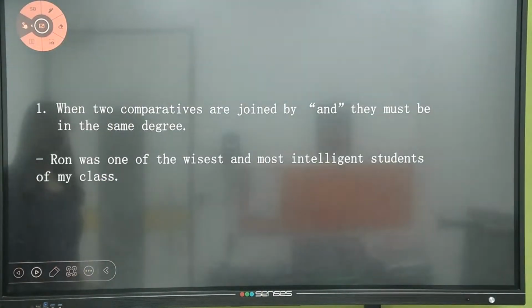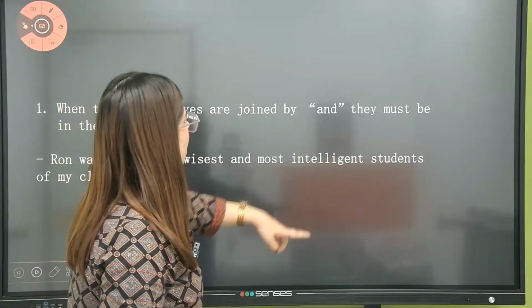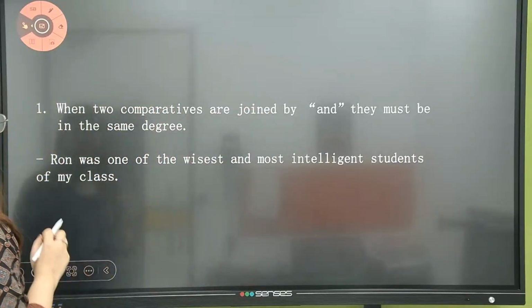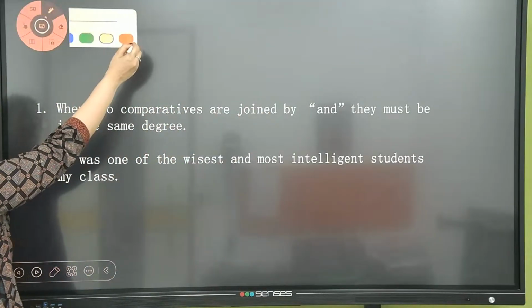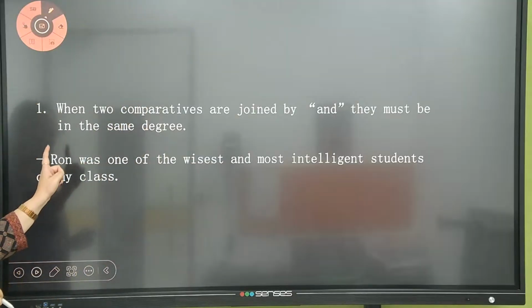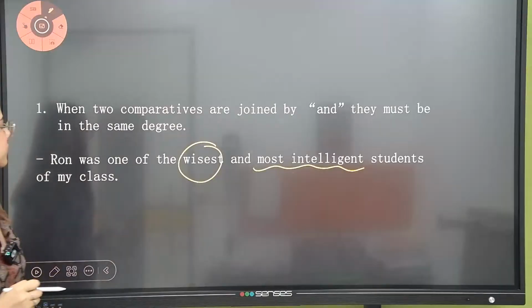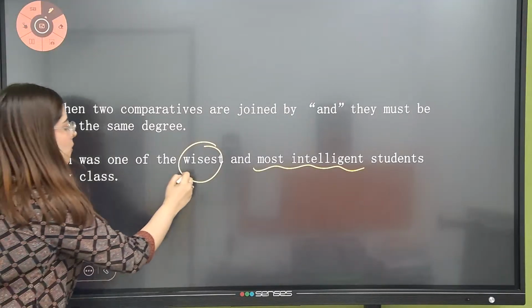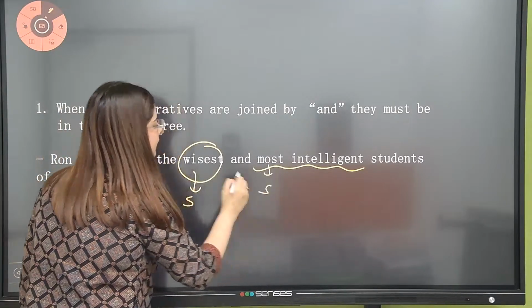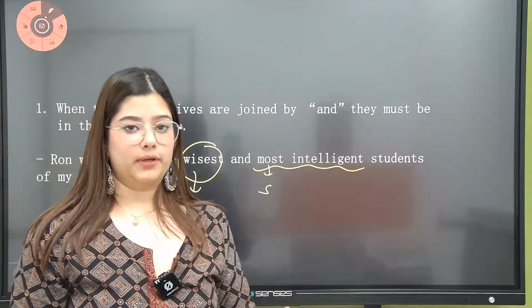Next, when two comparatives are joined by and, they must be in the same degree. Ron was one of the wisest and most intelligent students of my class. So this is also in its superlative degree.